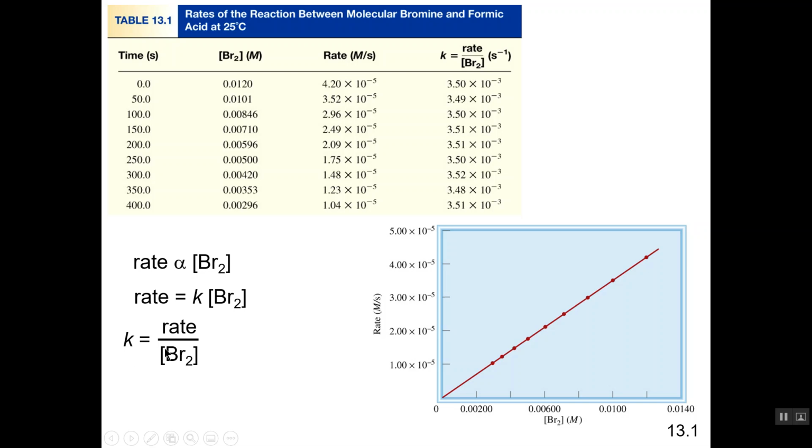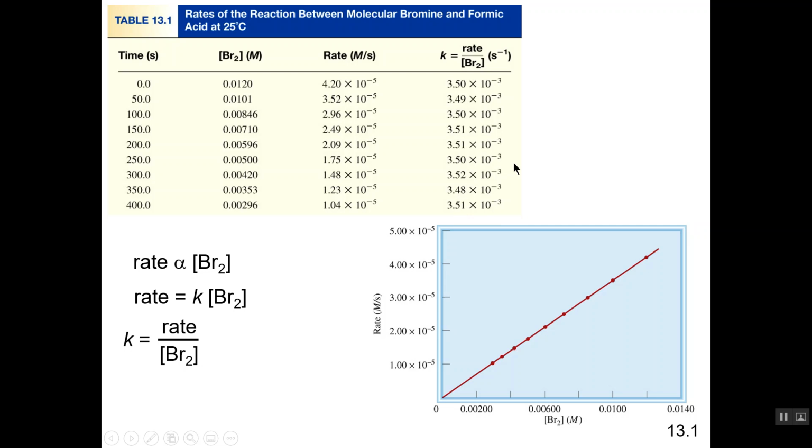And one can see that k is constant because when you divide the rate in each case by the concentration, you see that the values are very, very close, 3.50, 3.49, right? So basically, the values range from 3.52 to 3.49.